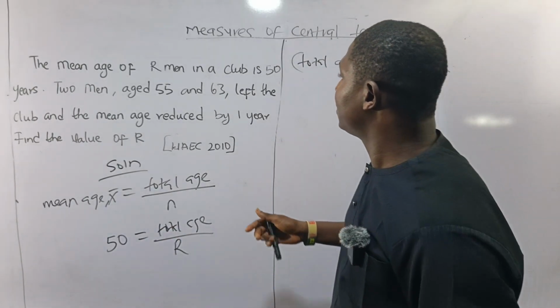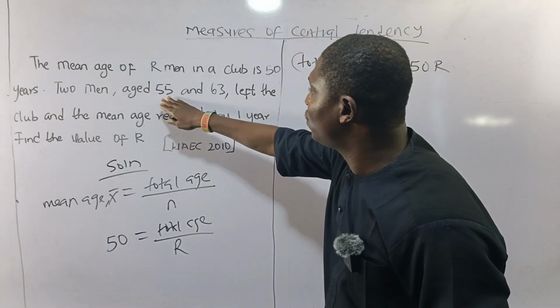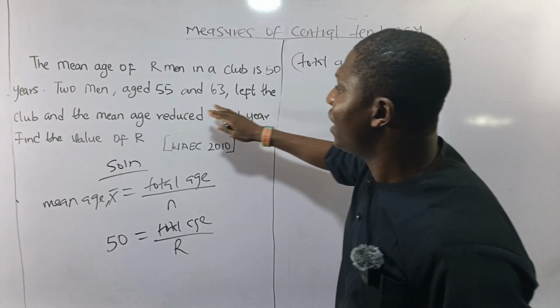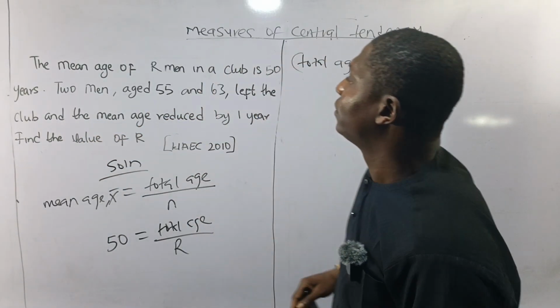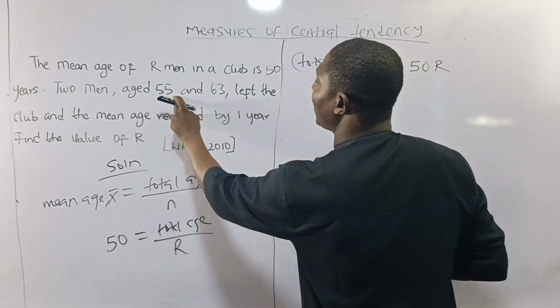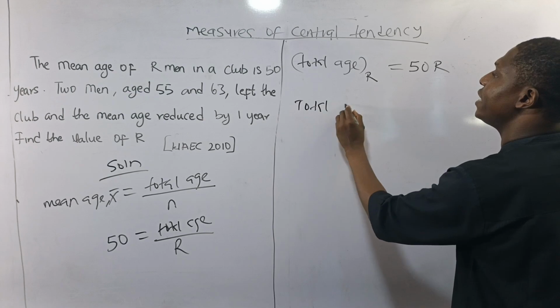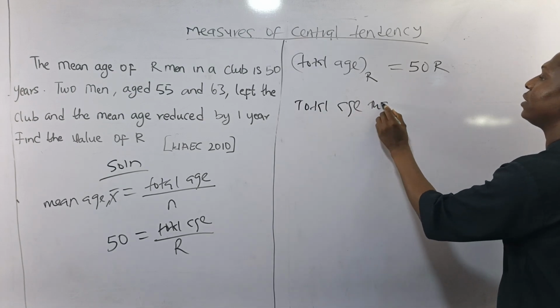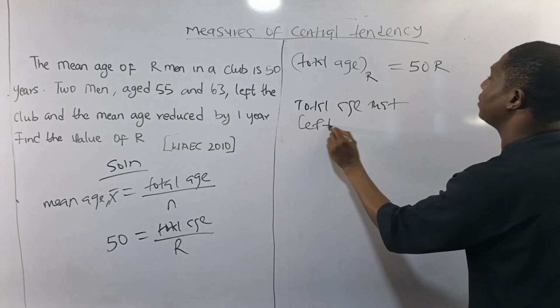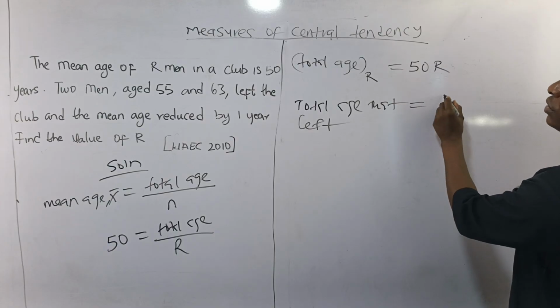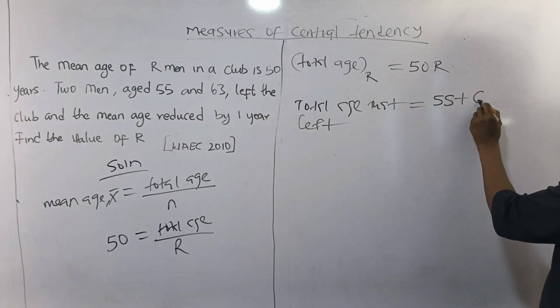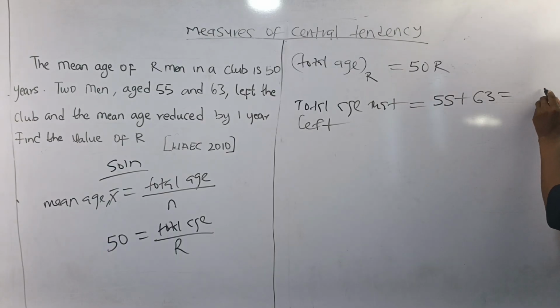Now, it says 2 men aged 55 and 63 left the club. So the total age of those that left will be equal to 55 plus 63, which gives me 118.